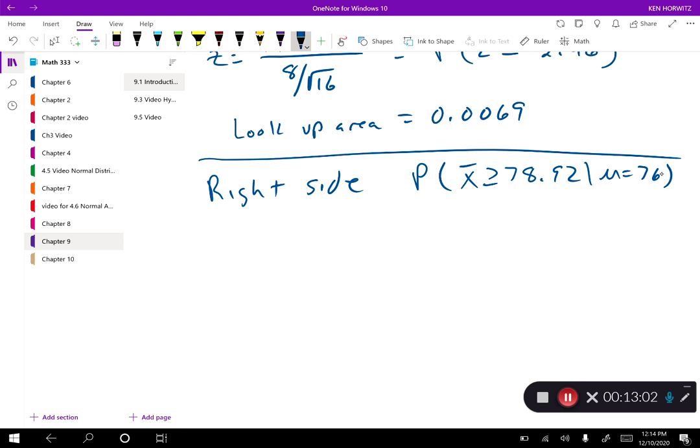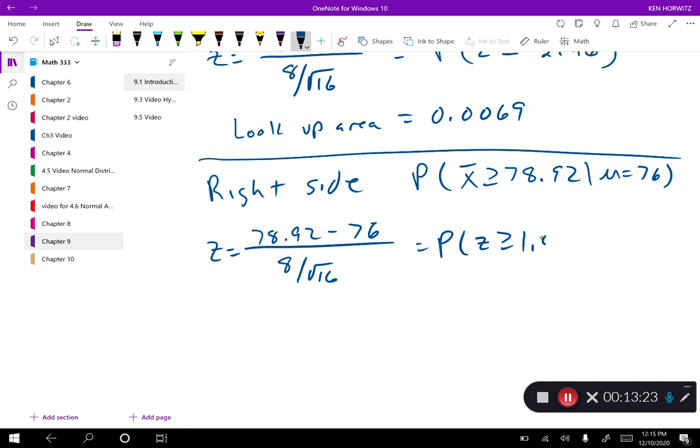And so my z is 78.92 minus 76 over 8 divided by the square root of 16. And again, I got z has to be greater than or equal to 1.46. Again, when you pause the video, you're certainly welcome to check my work.